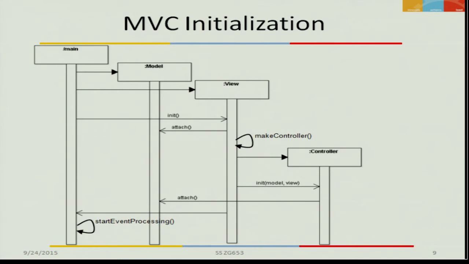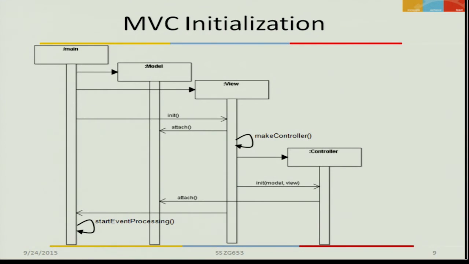So how are you going to initialize MVC? In the main program, you create a model, then you create a view, then you call init method of view, which in turn basically attaches a model with itself.